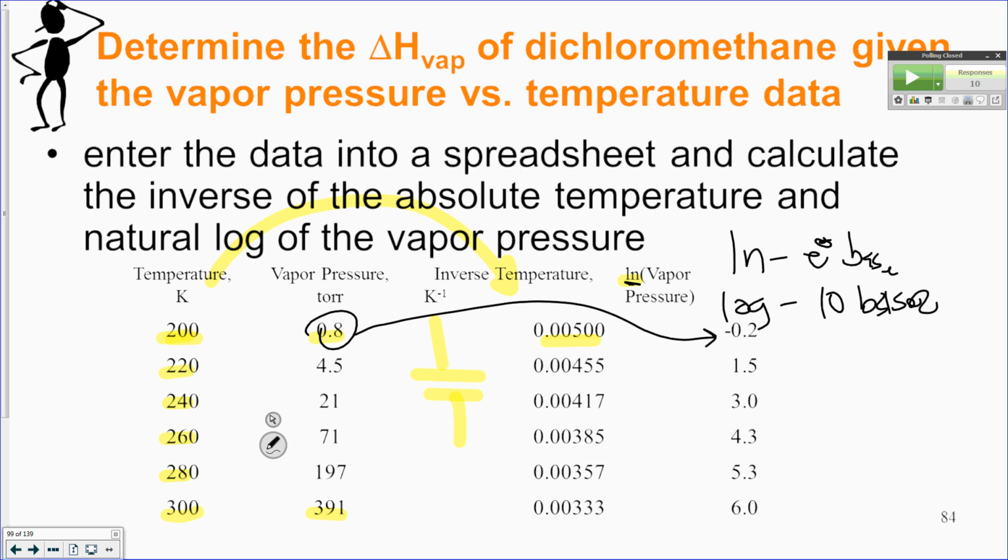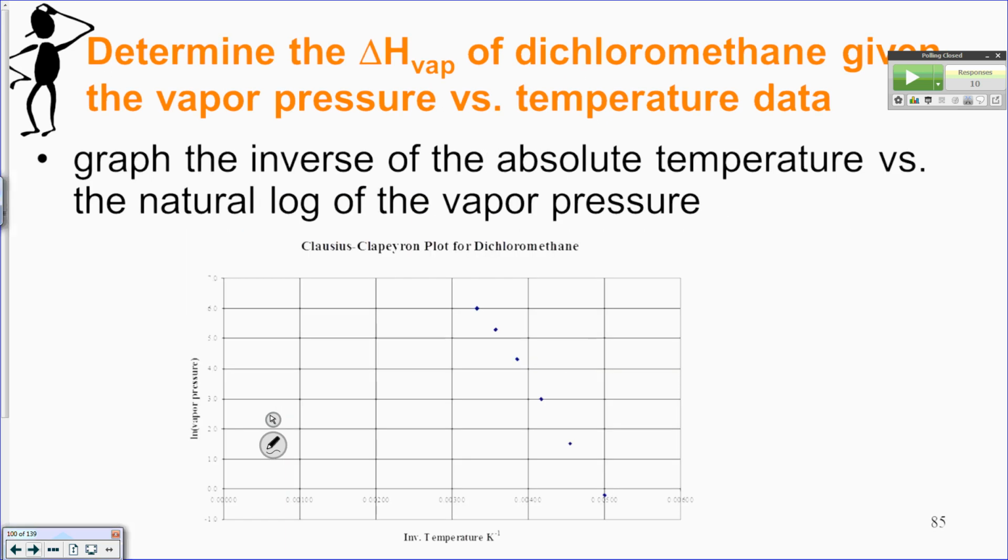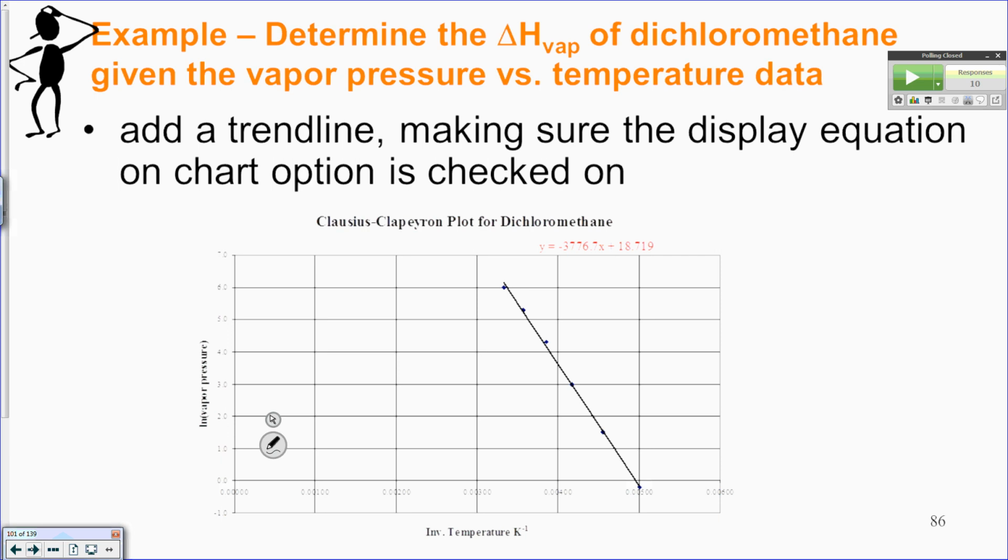Okay, now I've got it in the forms I need: the inverse of K on one axis and the natural log on the other axis, and I'll take it to Excel to plot those out. If I plot it on the y-axis and the x-axis, I get this linear relationship. Now I can apply a linear curve fit.